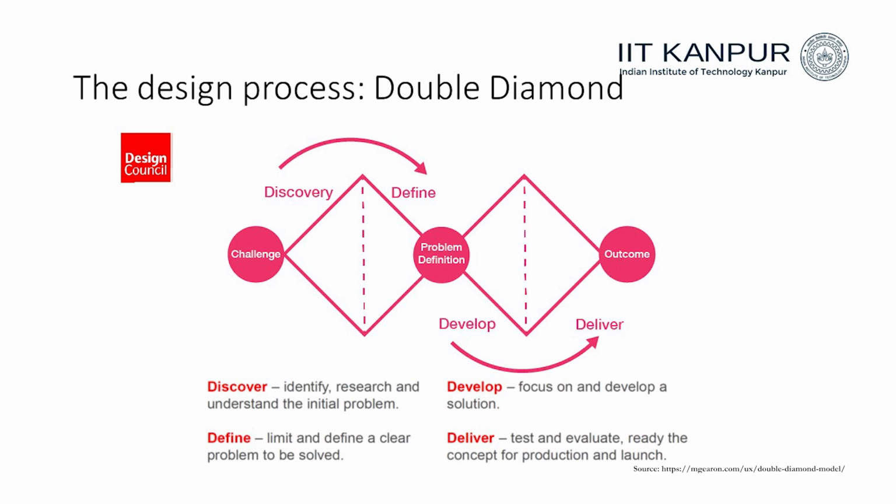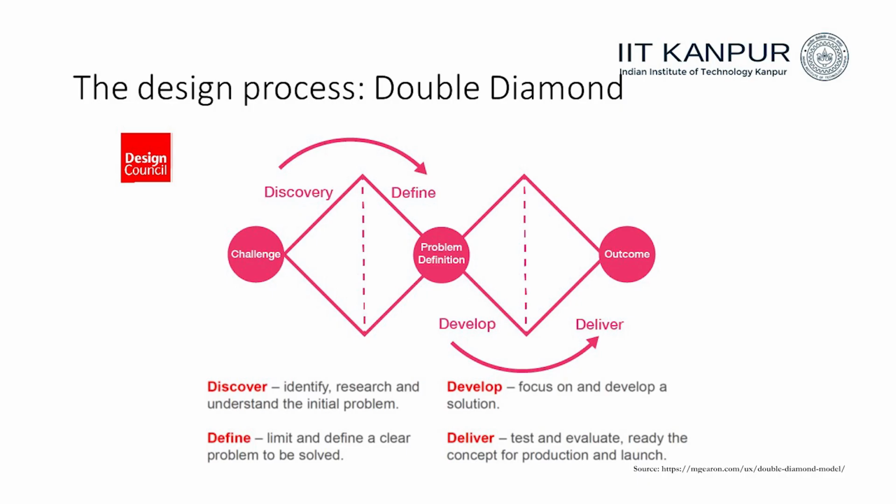And that gives you a problem definition, and after you've got your problem definition, then you develop the problem and create all your concepts, and these concepts then are sorted into the best possible concept that you can deliver on. So you deliver the final concept and that gives you a final outcome. Okay. That is the solution to this challenge.